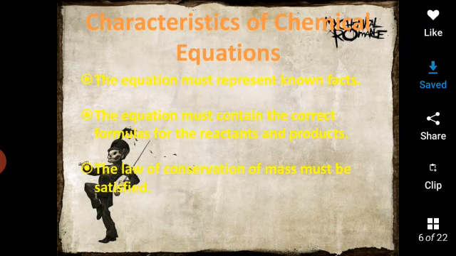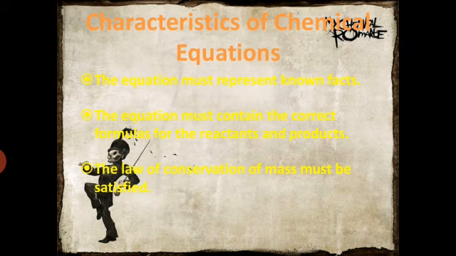We cannot compromise on the formula of a reactant and product. We cannot change it. The law of conservation of mass should be satisfied in that equation. Means the total number of atoms of an element on the left hand side should be equal to the total number of atoms on the right hand side.